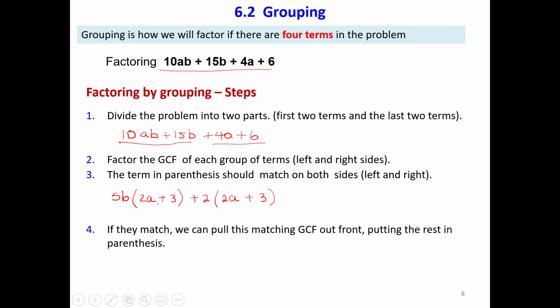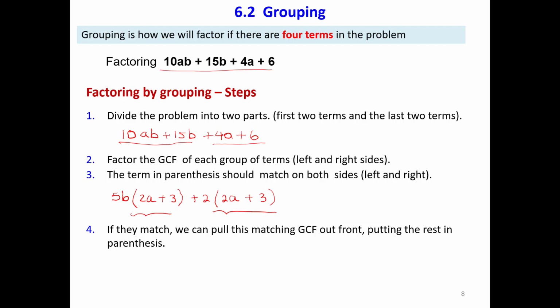Then we need to factor the greatest common factor for this group, this part, and for the second group, this part. The terms in parentheses should match in both. Let's check. We had 2a plus 3, they match: 2a plus 3, 2a plus 3. If they match, we can pull this matching common factor out front.